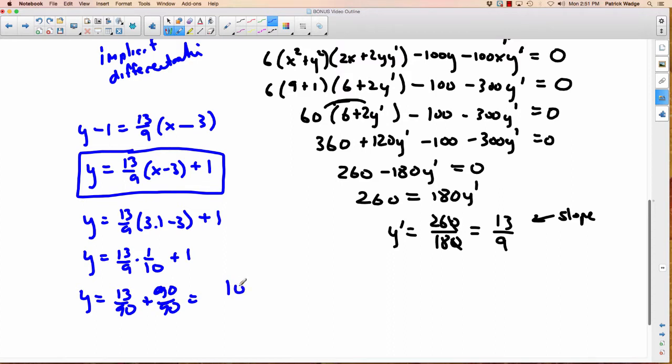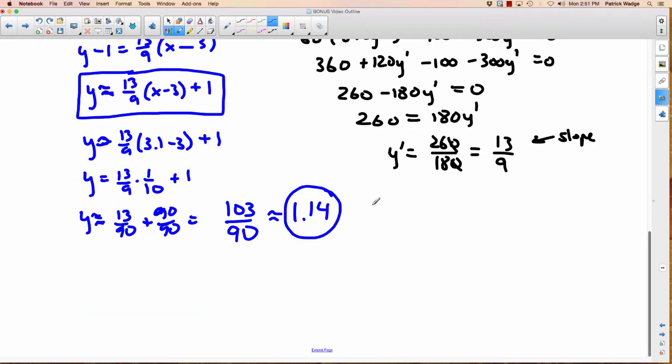So I get 103 over 90. And remember, this is all approximate, so it's approximately equal to 103 over 90. And if you divide that on your calculator, you'll find that it's equal to 1.14 to 2 decimal places. Okay, there you go, local linear approximation.